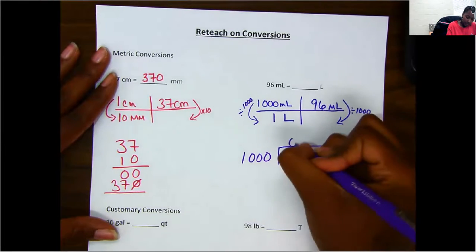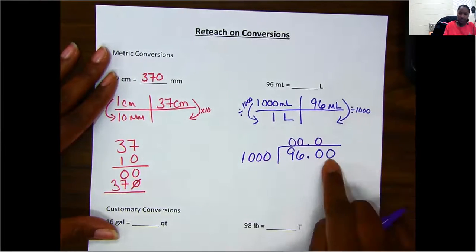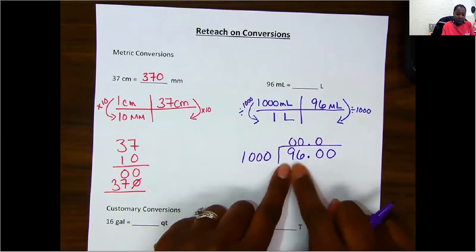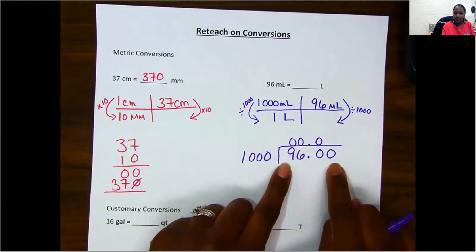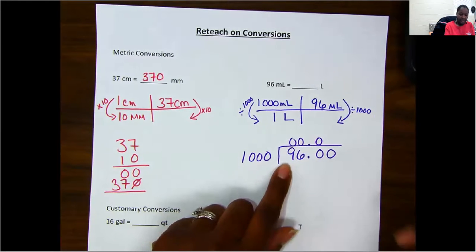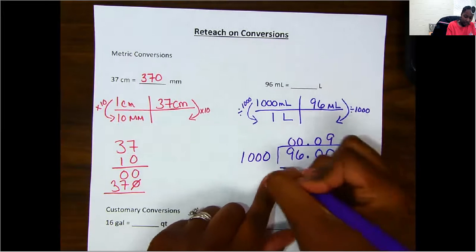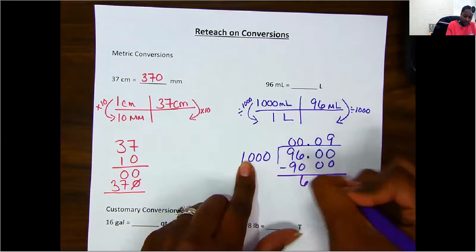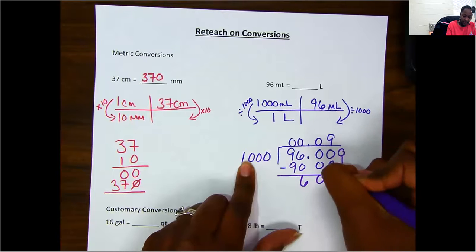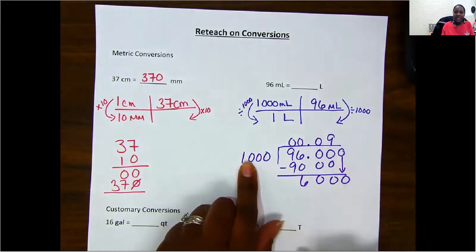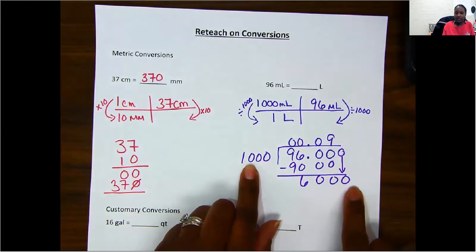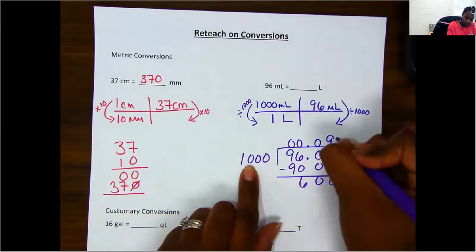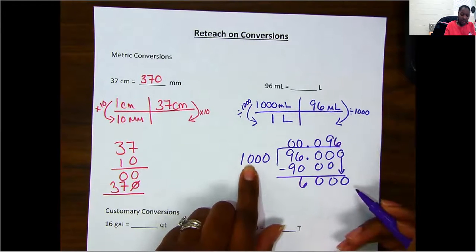So I'm going to put 0, 0, 0 because I'm going to start here. How many thousands will fit into 9,600? You said 9, you are correct. I'm going to subtract that. I have 600 left over. I need to add another 0. How many thousands go into 6,000? If you said 6, you also are correct, and that will end my problem.